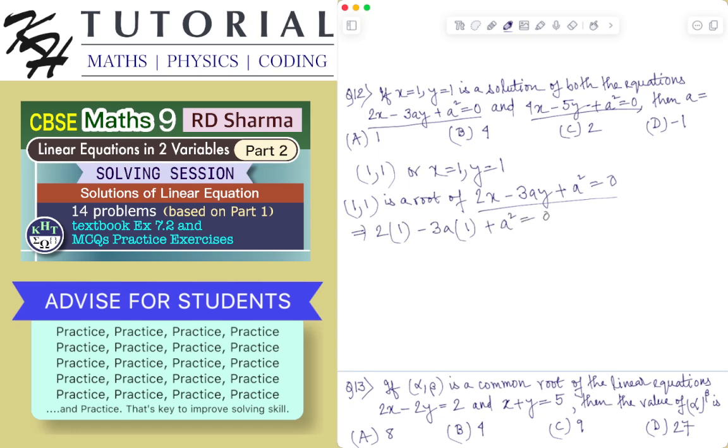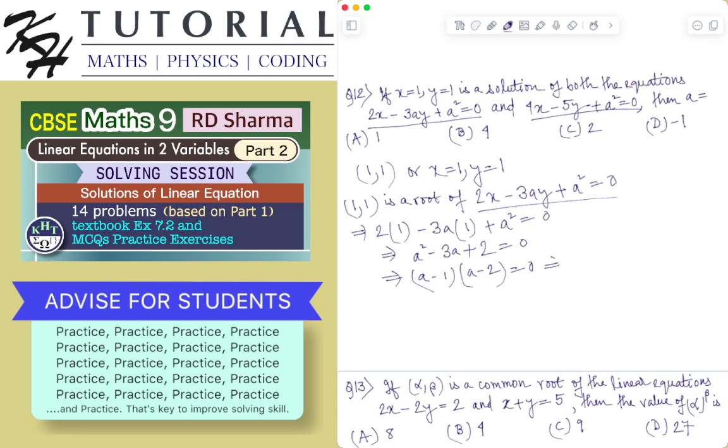So we get a quadratic equation in a. This implies a square minus 3a plus 2 equals 0. And we must be able to find two values of a, since a square minus 3a plus 2 equals 0 is a quadratic equation in a. Let's factorize. So this will be a minus 1 multiplied by a minus 2 equals 0.